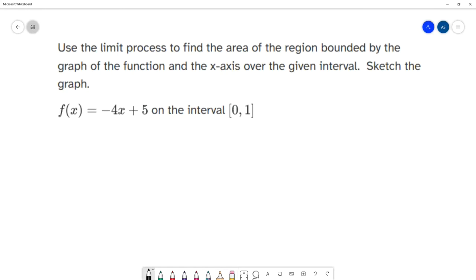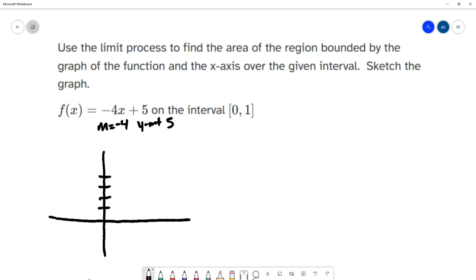So this function is a linear function. It has a slope of negative 4 and a y-intercept of 5. Let's take a look at our picture. So we would plot the y-intercept.